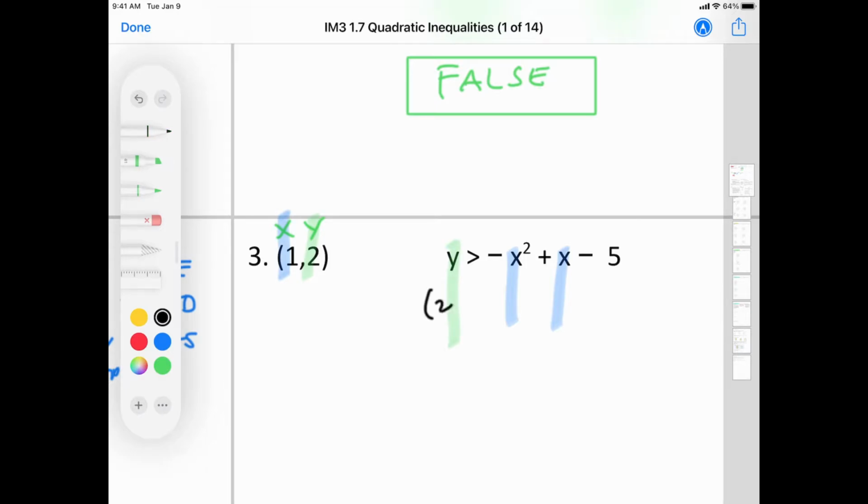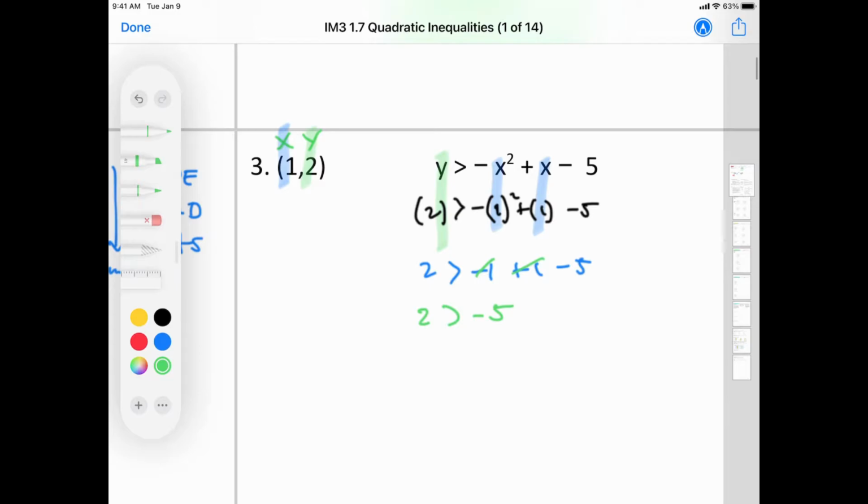So this will become 2 greater than or equal to negative, and what we're doing is we're testing this. X equals 1. One squared is 1, opposite of 1 is negative 1. And if you get troubles with those, you can feel free to put those in a calculator. Is 2 greater than negative 5? That is true.